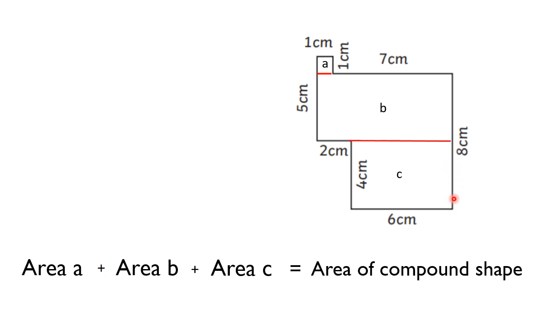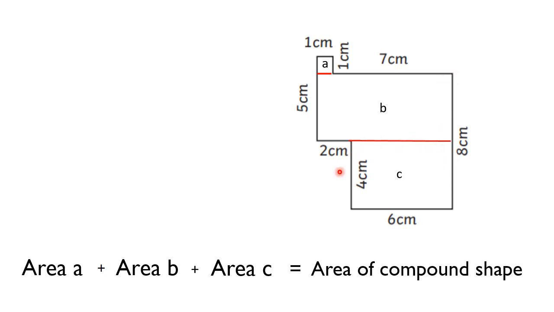So if we have 4 centimetres and we know that the full length of the line is 8 centimetres, we can work out that the width of this rectangle B is 4 centimetres. So again, we can work that out. So we would do 8 centimetres in the length multiplied by 4 centimetres. And we know that that is 32 centimetres squared.